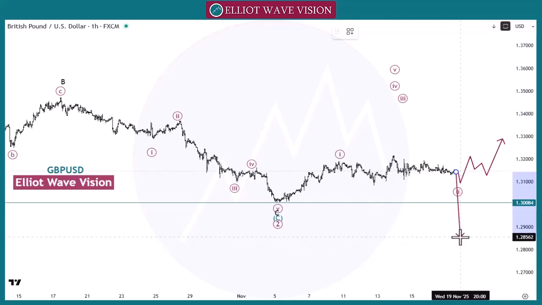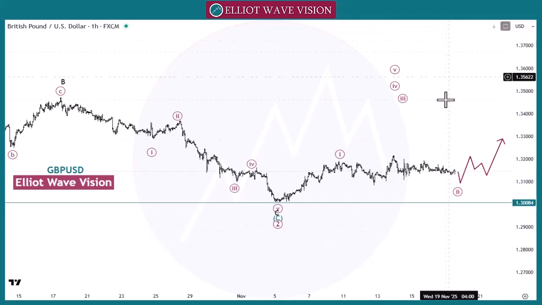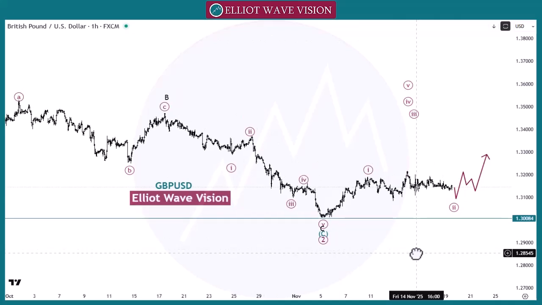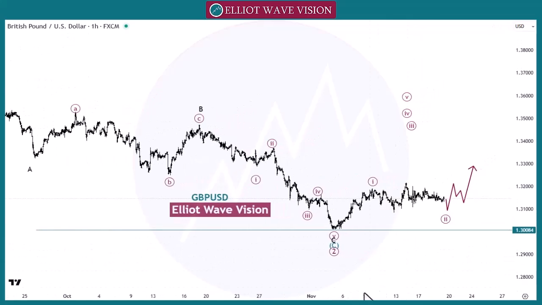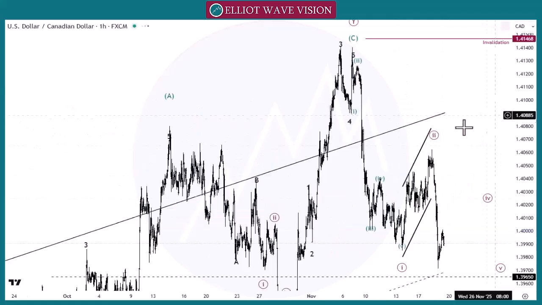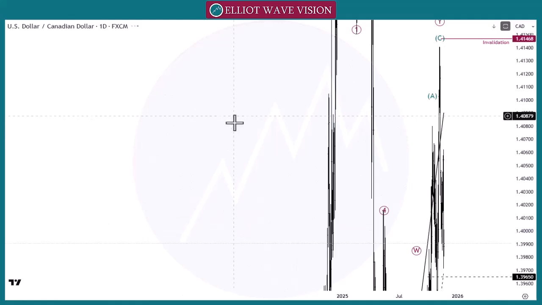That's also possible. So when we go from one number to another number, then the possibility of the reward ratio will increase. So let's check the Canadian dollar in the daily time frame.